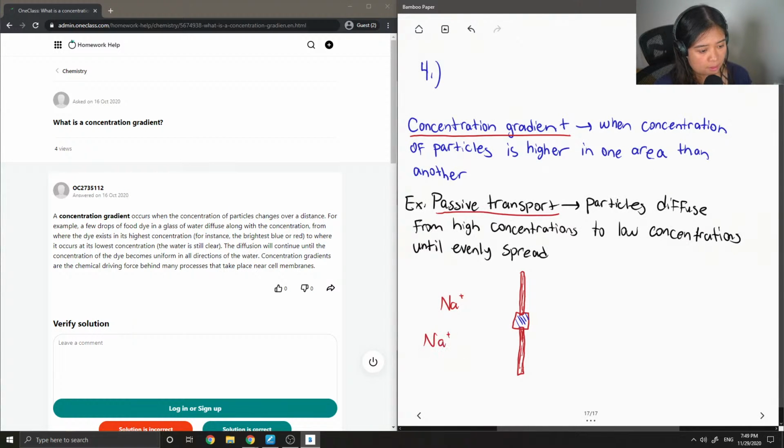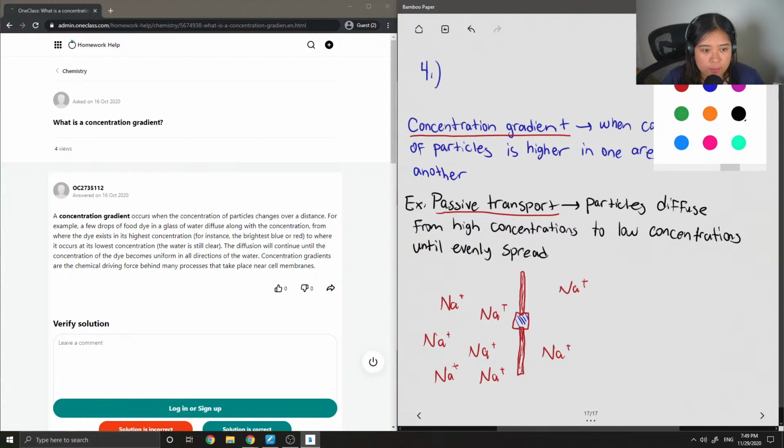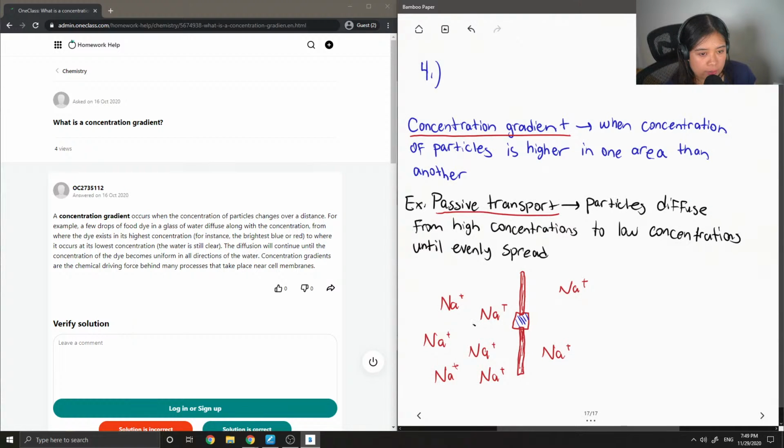And let's say the left side has a high concentration of sodium ions. And the right side only has a few sodium ions. So what happens is that these sodium particles want to diffuse.